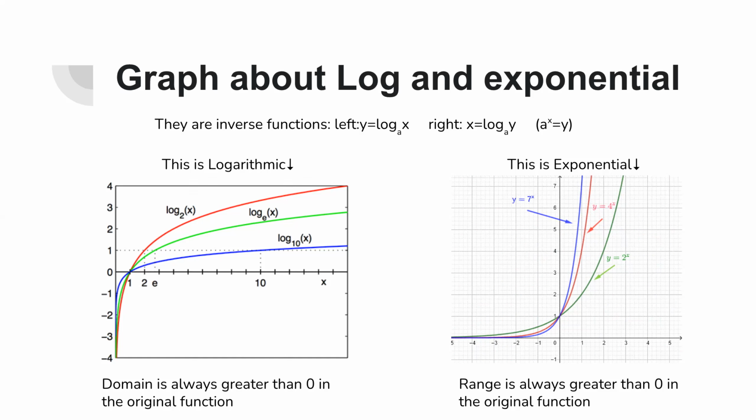It is also like the slope of the larger base logarithmic functions are also smaller than the smaller base logarithmic functions. That is not the same with the exponential functions. For exponential functions, the slope is smaller when the base is smaller. So next slide, please.